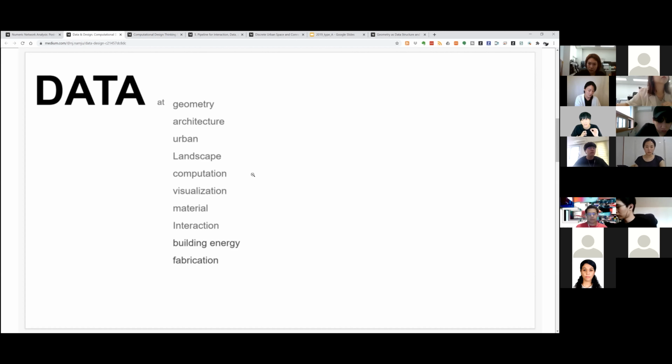Because the essence of the industrial revolution is all about data, actually. Fortunately, we are designers. We have a lot of data at different levels, from product geometry to urban scale or landscape, even interaction. Interaction also can create a lot of data, basically.